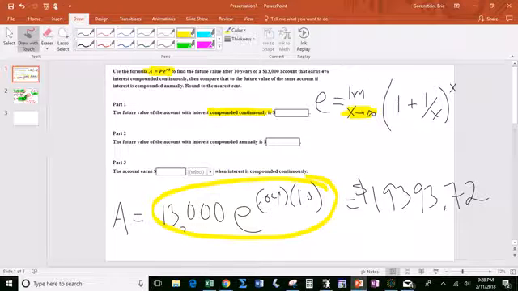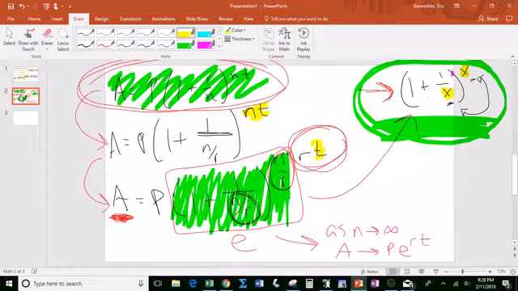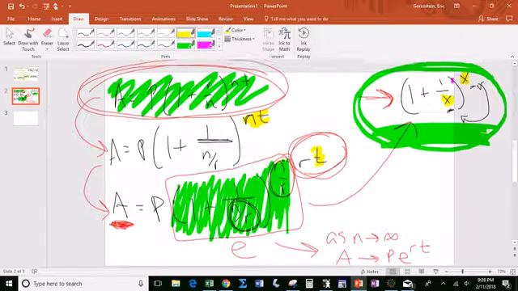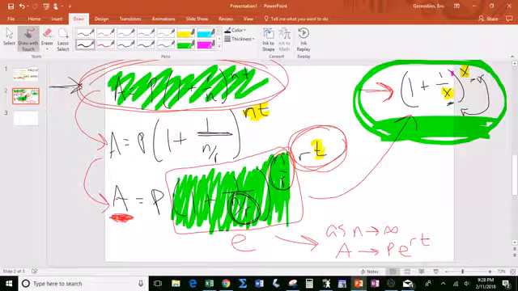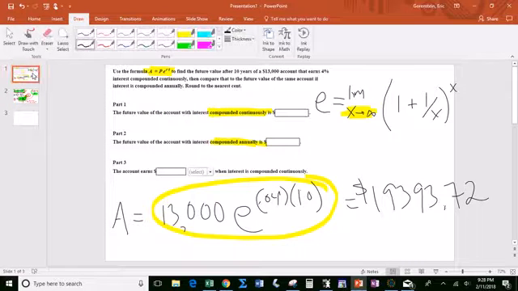For part B, compounded annually, well, now we use our compound interest formula. That's, if I go back to the other slide, that's this first one we started with. So we'll use this guy. P times 1 plus R over N to the NT. I'll come back here, I'll free up a little space up here.